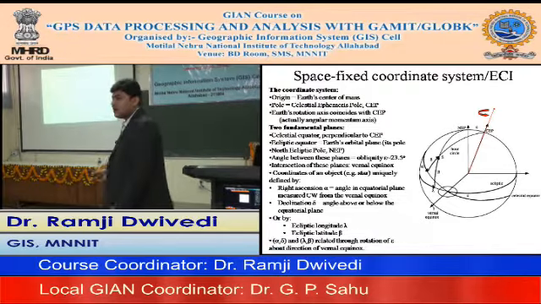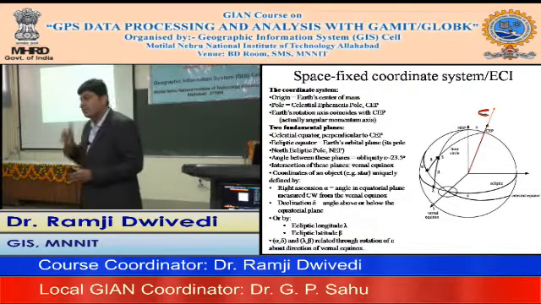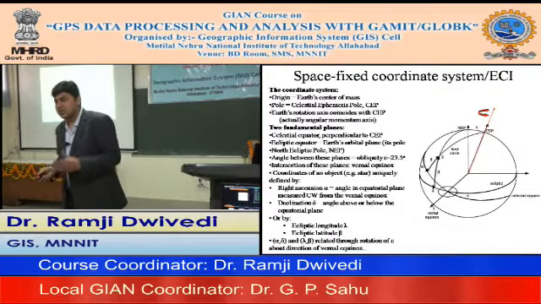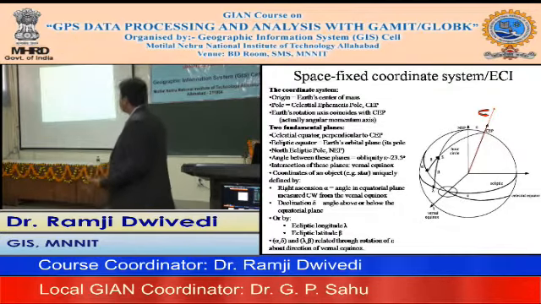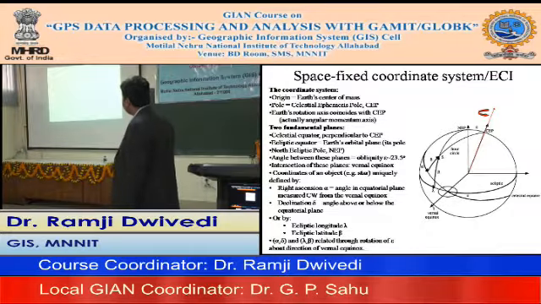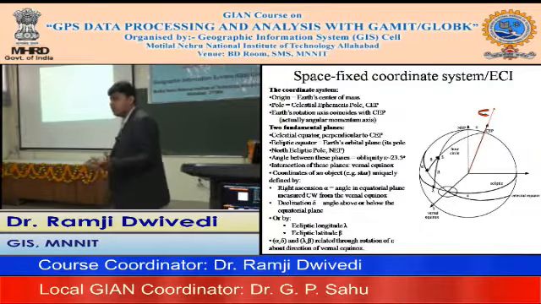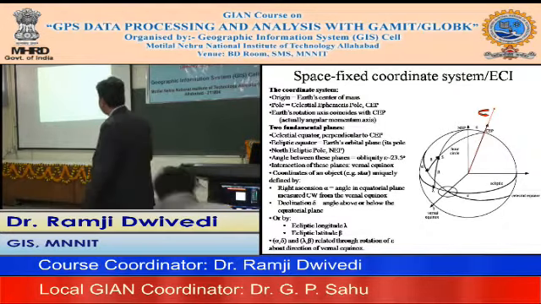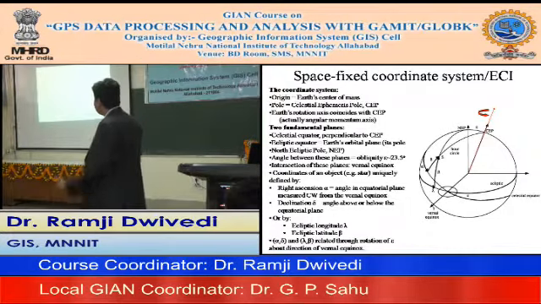Yes, as I said, the Earth rotation axis is not stable. There are many forces acting on it, and because of this, the motion of the Earth's polar axis with respect to inertial space is called nutation.